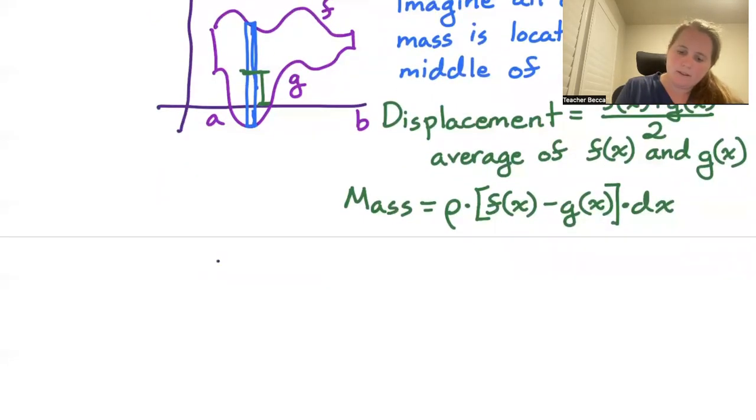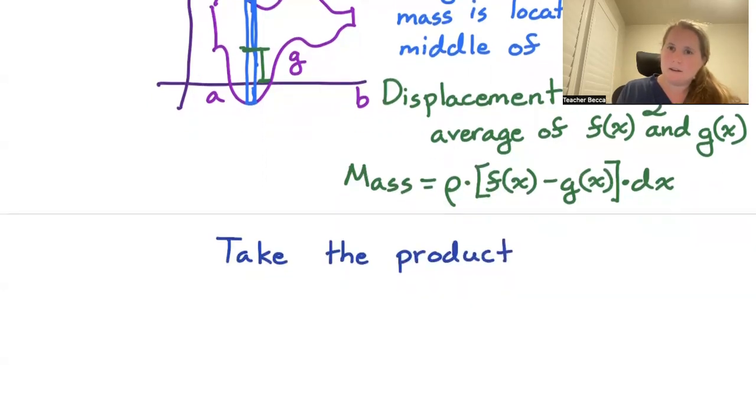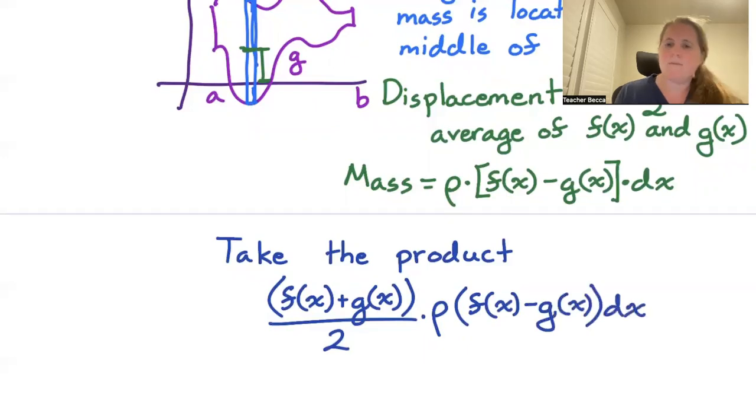Then we take the product of these. We are looking at rho. Well, we'll do the f of x plus g of x over 2 first. So we are looking at f of x plus g of x over 2 times rho times f of x minus g of x times dx.